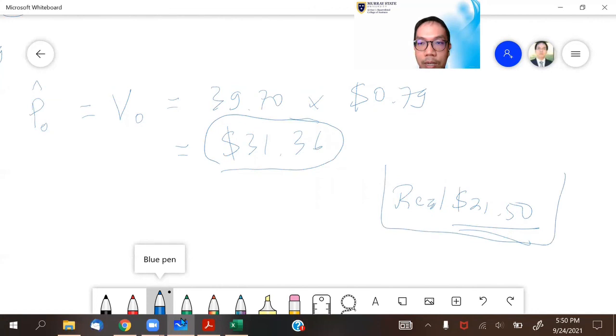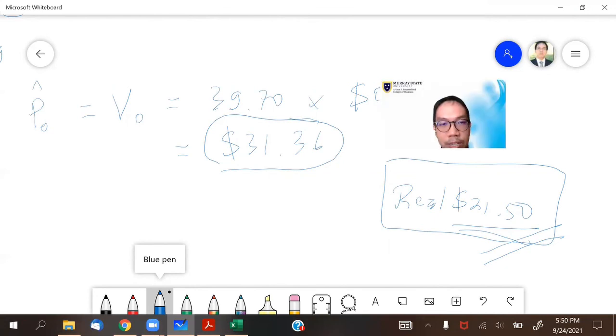But look at the real price, 21.50, which is too low. We call it undervalued. So the recommendation is to buy, if you were a fund manager or a securities analyst or something like that.